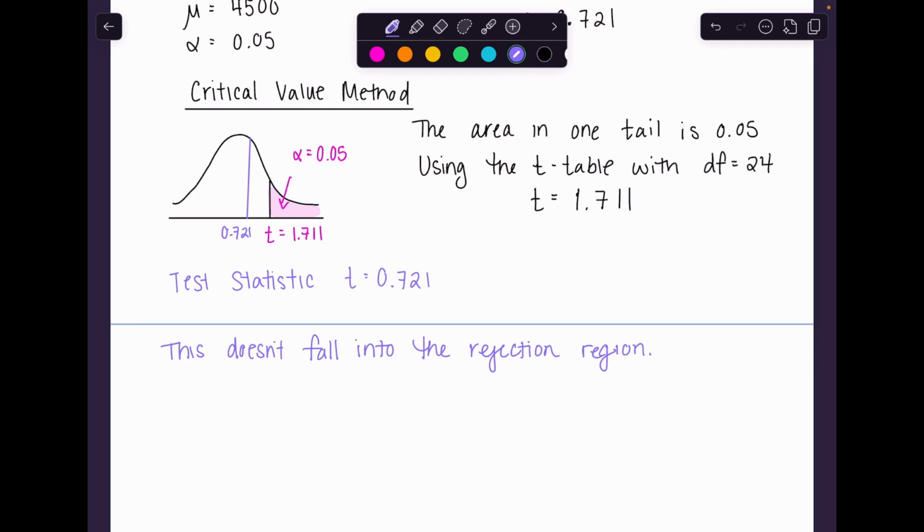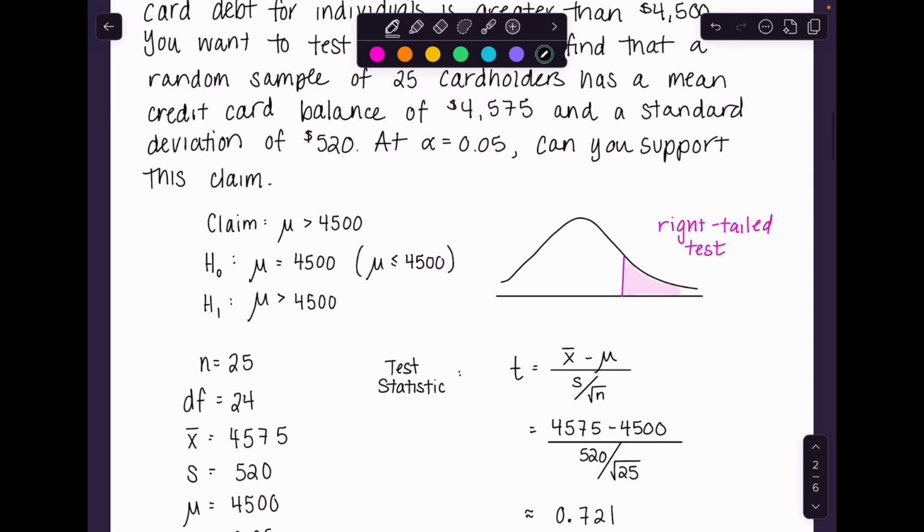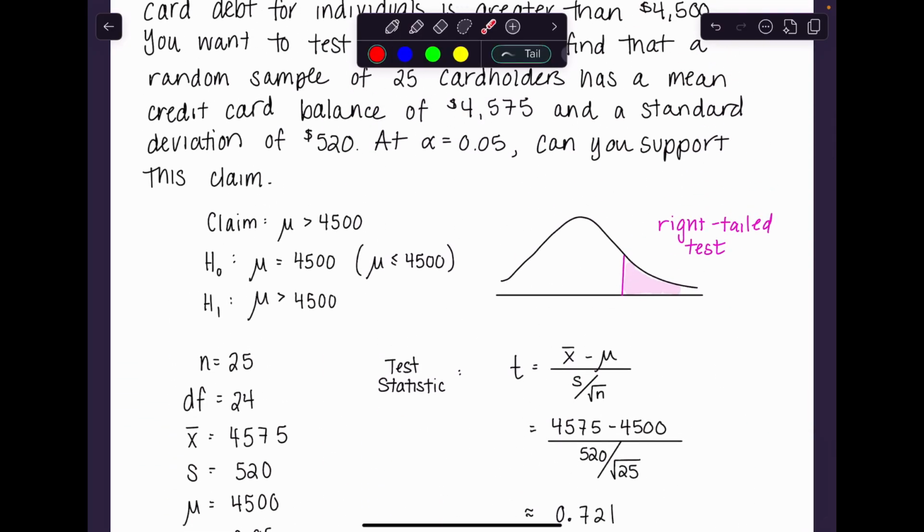So what that means is we're either going to reject or fail to reject. Since it's not in the rejection region, we fail to reject the null hypothesis. Okay. So what that means is my claim going back up here, I fail to reject this. It means I have no evidence to support my alternative.